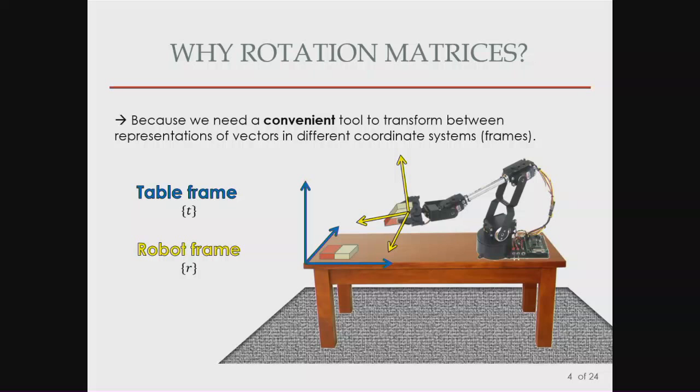It will be really convenient to express vector v in, say, one of them, let's say B, if this is parallel to this one. Could be convenient, but then later on, if we need to have v in A, we simply just convert it by multiplying like this.